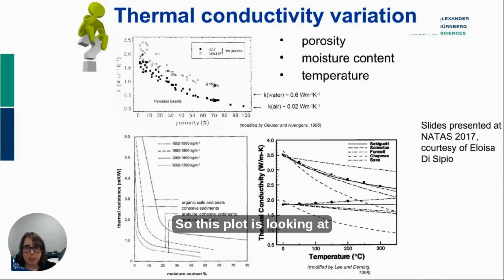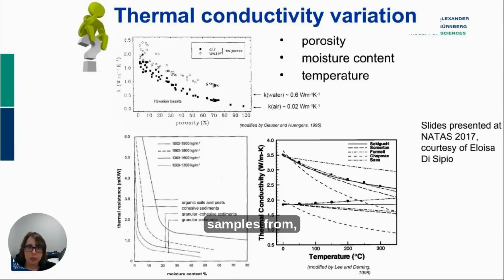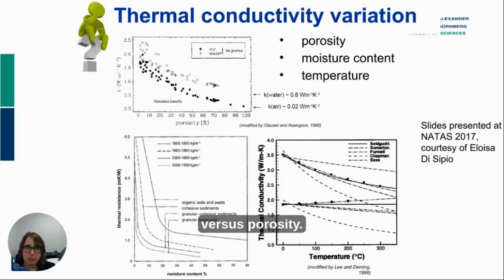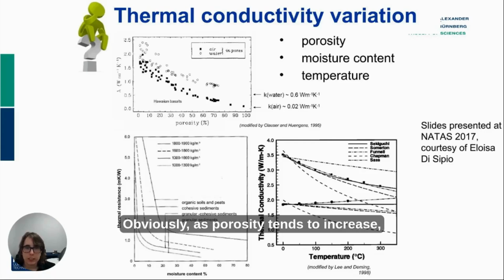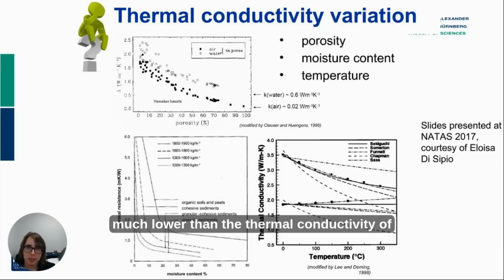So this plot is looking at the thermal conductivity of different rock samples as a function of a variety of different variables. In the upper left, you'll see thermal conductivity versus porosity. Obviously, as porosity tends to increase, you will have thermal conductivity tend to decrease because the thermal conductivity of air and water is much lower than the thermal conductivity of most consolidated minerals.